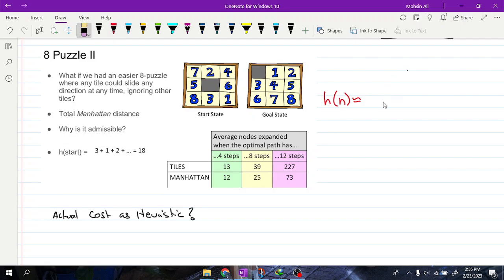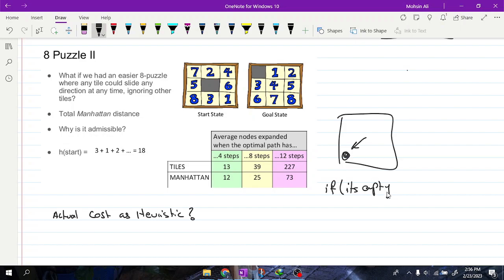What I mean by that is, the whole point of using an AI, the whole point of a search, is that you don't know where the goal is, and you're trying to find where the goal is. If you knew where the goal is, then you would have just given the agent the directions right away. You would have just hard coded it, right? That if it's empty, then just go right, or just go up, or just go down. But you don't know where the goal is, and that's the reason why we cannot use the actual cost as the heuristic in this example.